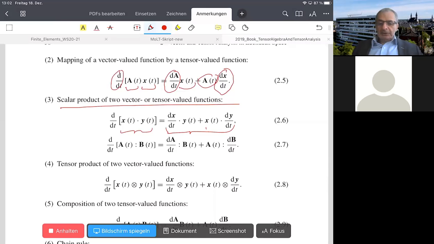Okay, we continue now, right, and then this similar differentiation can be defined here. And the same holds also for the scalar product of two tensor valued functions. You remember we defined the scalar product of two second order tensors, A and B, for example, and they can both be functions of a scalar variable t, and what we can do here again, we take the derivative dA dt scalar product B plus A at t scalar product derivative dB dt, right?